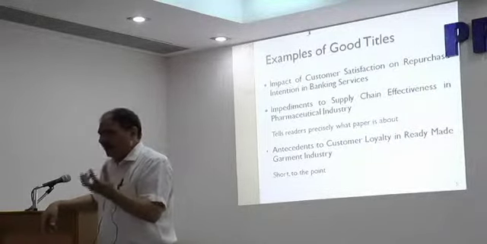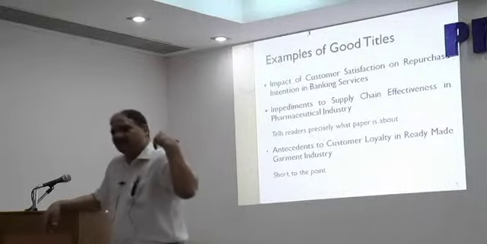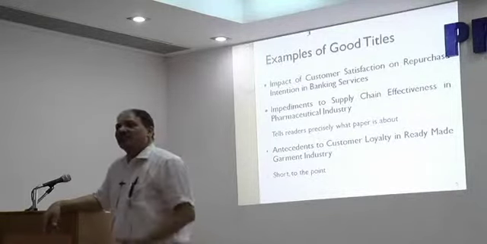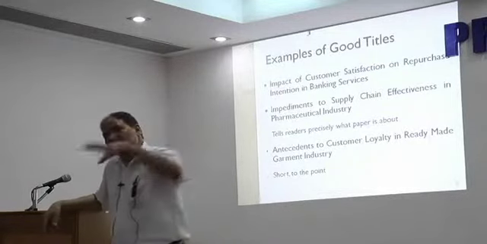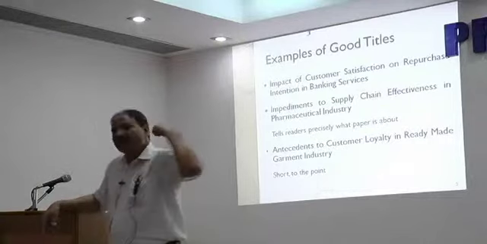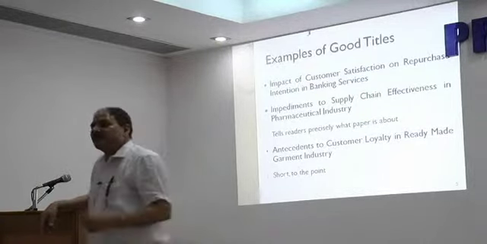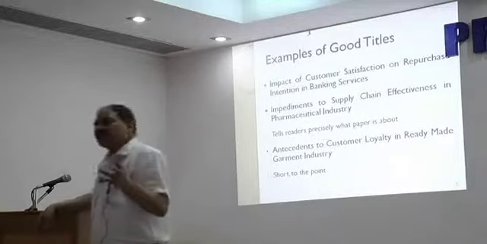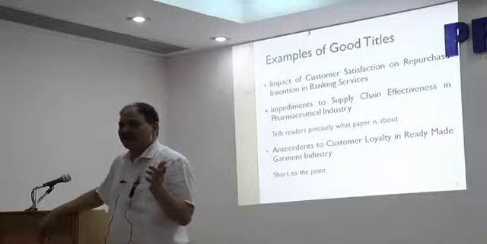So there are a number of areas that actually affect supply chain effectiveness in the pharma industry, or any industry for that matter. Those could have been listed, but that will increase the size of the title. Plus, when you are listing, you are likely to miss some component or other.